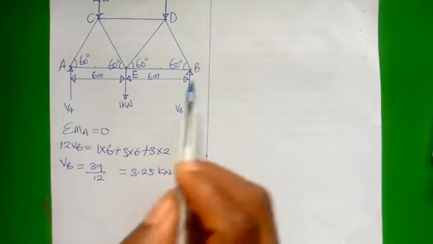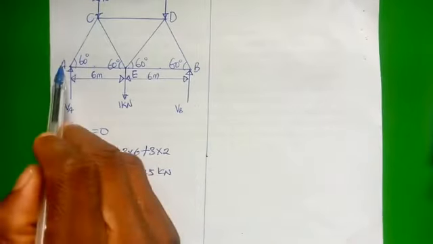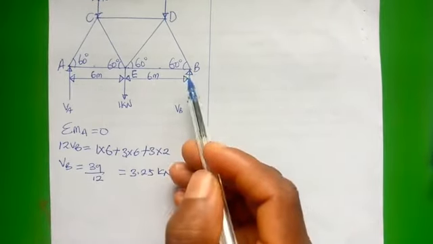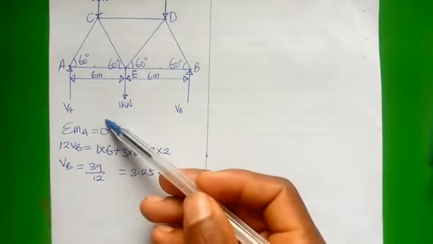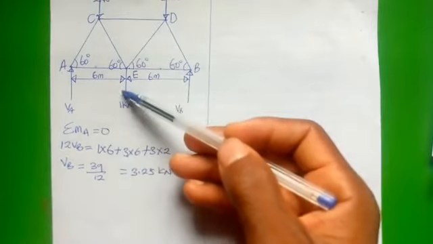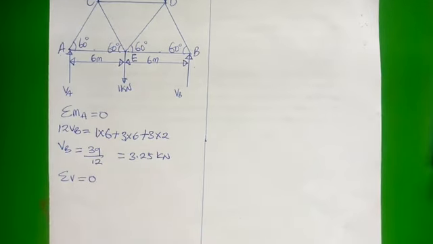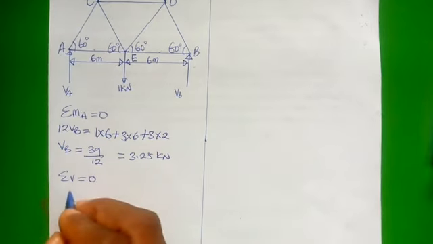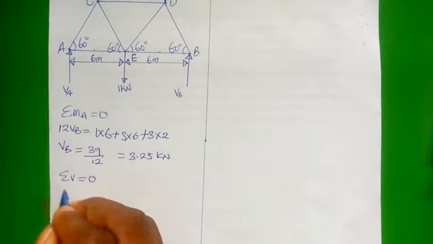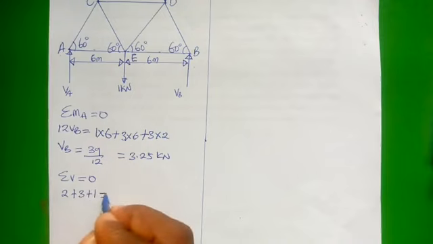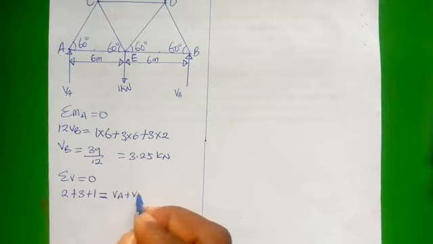Now, to get the value of VA, we can take moment at point B, or rather we can say let upward force be equal to downward force. With that, we are doing summation of vertical forces to be equal to 0. So the forces that are coming down are these 2 kilonewton, 3 kilonewton, and 1 kilonewton. Then equate it to the one that is going up, which is VA plus VB.